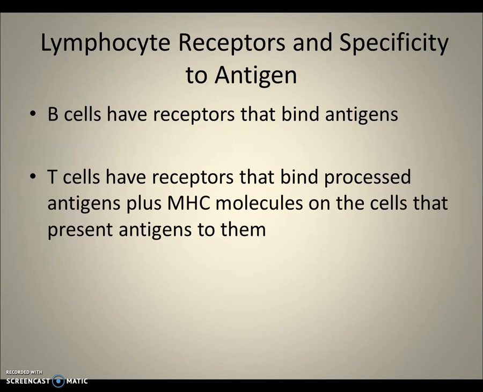The T cells, however, have a process that is a little more complicated. In order for their receptor to bind to antigen, it also has to bind simultaneously to major histocompatibility complex. So T cells can't just react to antigen that's around; they have to be presented antigen by an immune cell that has major histocompatibility complex.